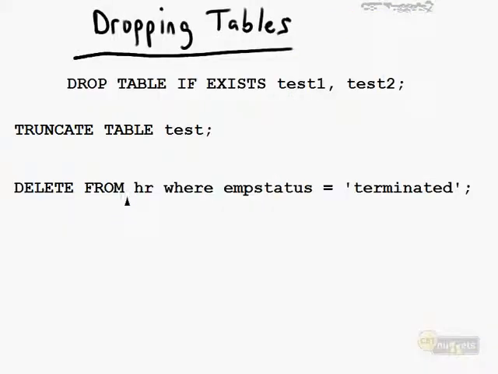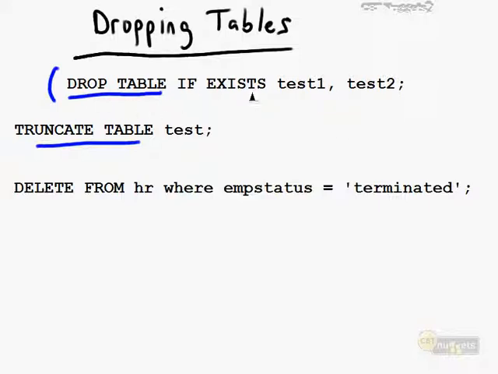On the subject of dropping tables, the purpose of this whiteboard is to show you the distinction between the drop table and the truncate table DDL commands. It's important you understand that difference because it's pretty significant. Drop table removes the table definition as well as the data. And notice that you can drop more than one table at once by just separating those table names with commas.